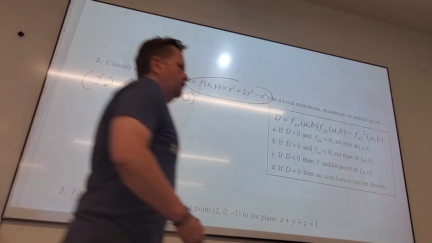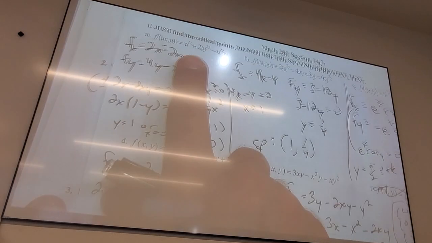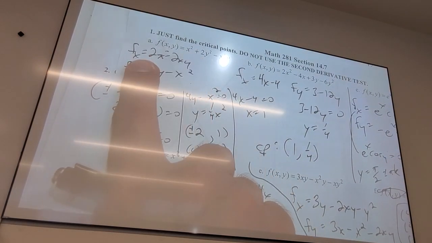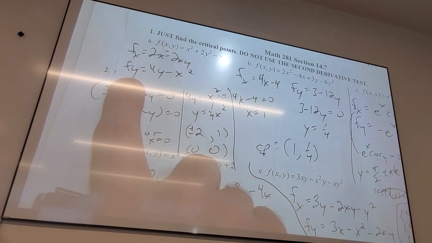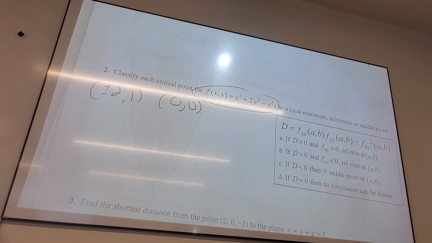So this is the first problem on this paper. Take fx, calculate its second derivatives. Take fy, calculate fyy. Okay. I did all this somewhere, and I have no idea where to put them.